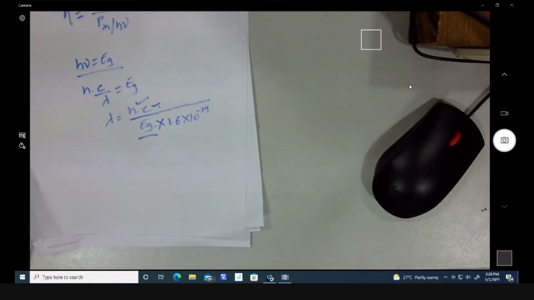Find multiplication factor. Okay, read the question.